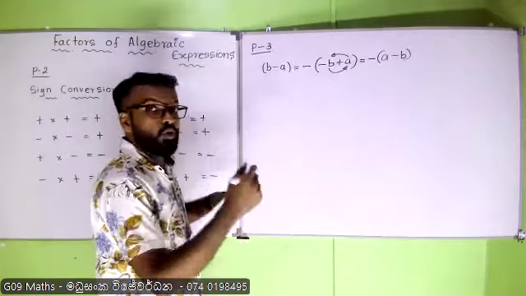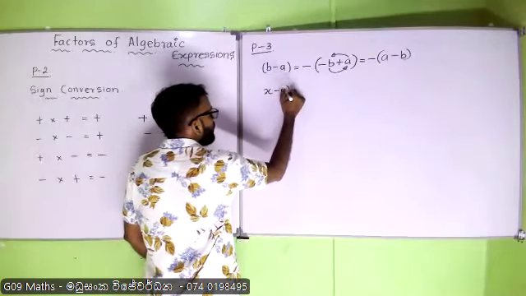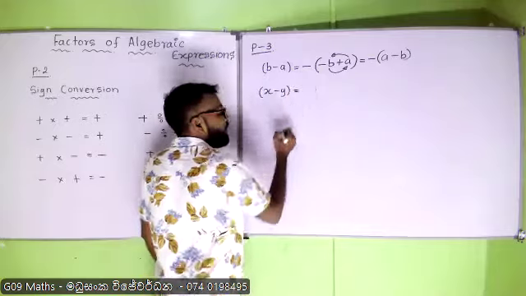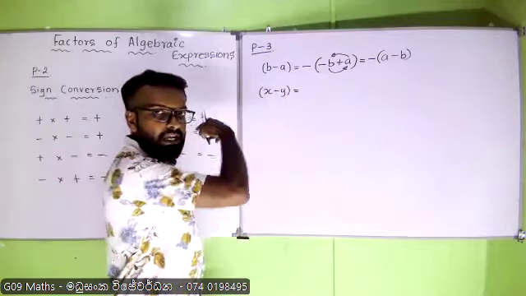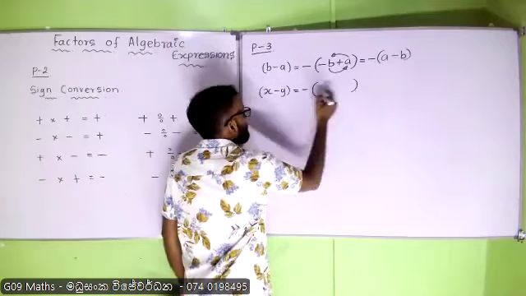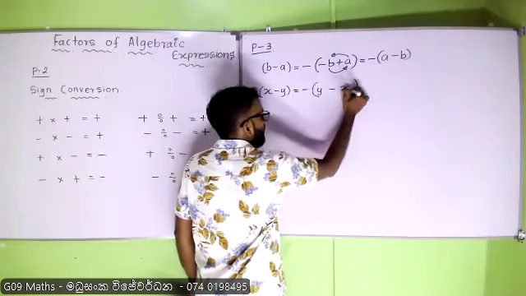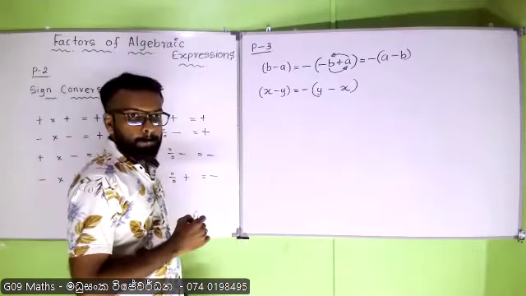Right? So X minus Y. You can write directly. Correct? Take the negative sign out from the bracket. X minus Y, Y minus X. Correct?